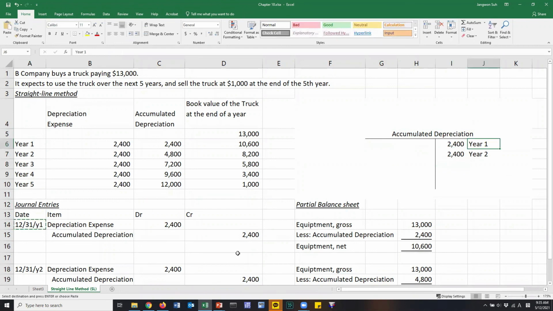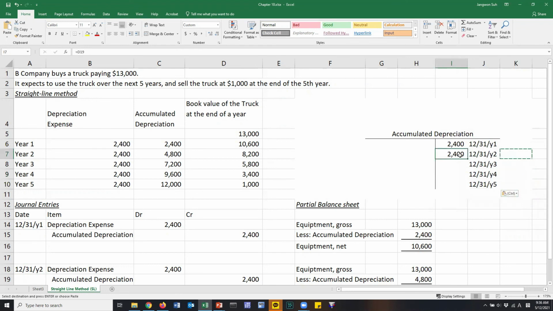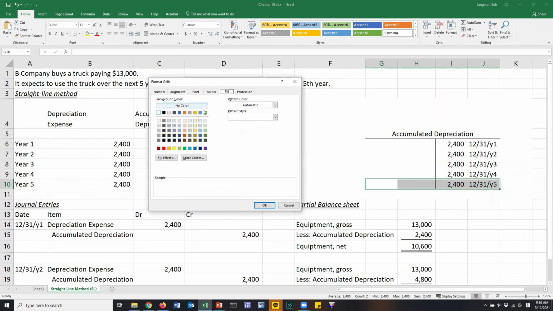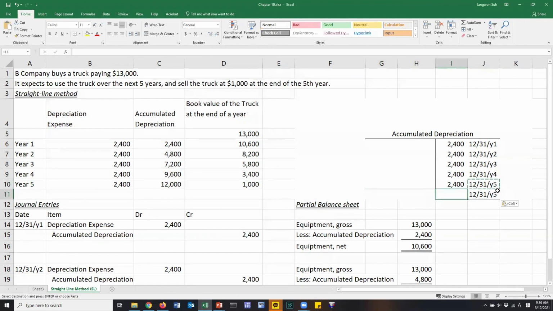You do the same thing again and again, accumulating the same amount under the straight line method, so that at the end of its fifth year of useful life, you depreciate in total $12,000, which is the same as this one. This is the straight line method.